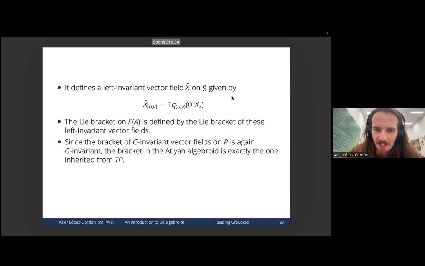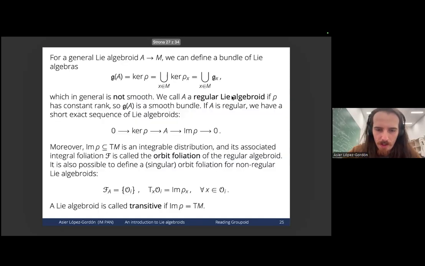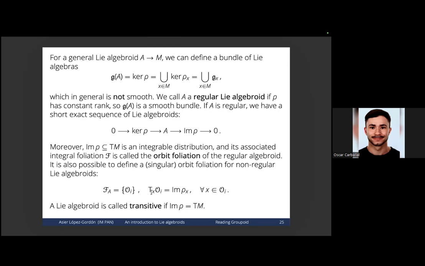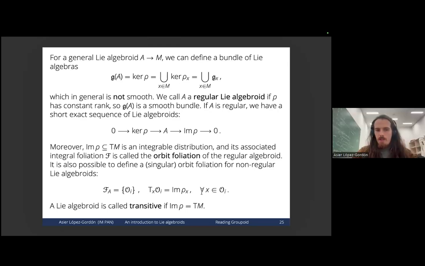Well, I'll try. Essentially, the technical details right now I don't know, but the idea is that we will have an anchor map that does not have constant rank, right? So this means that the orbits will not have constant rank.